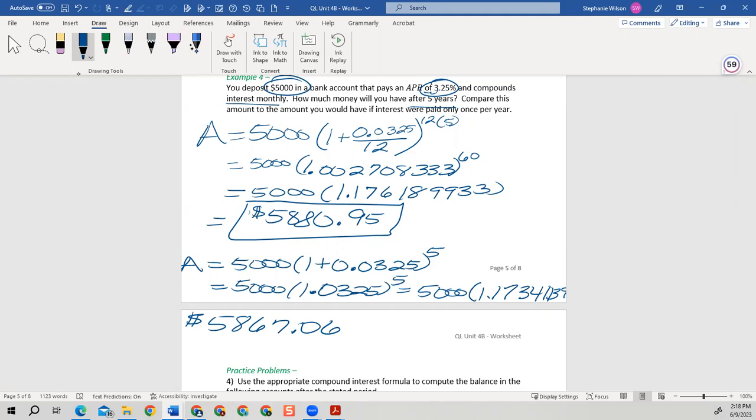I could subtract the difference, and if it compounded monthly, I would actually earn $13.89 more. Okay, so let's look at our next one. What do we got next?